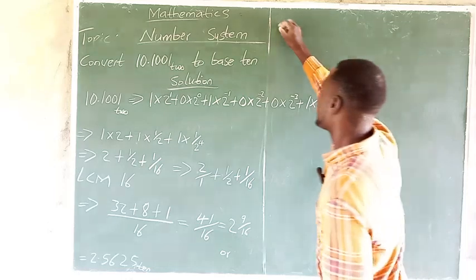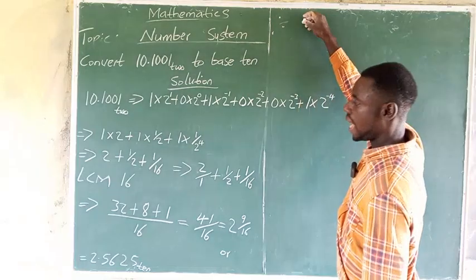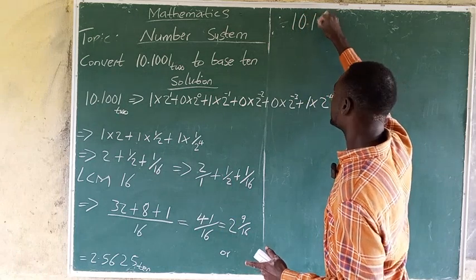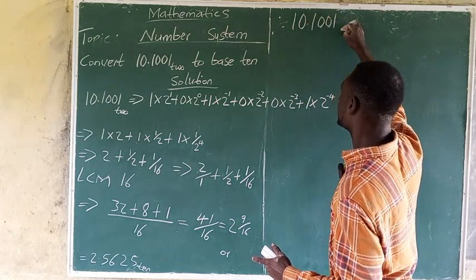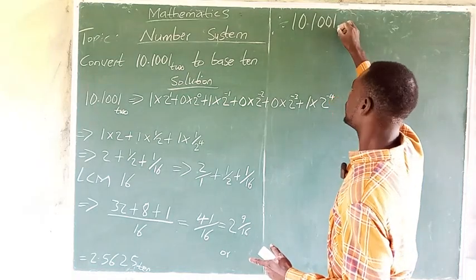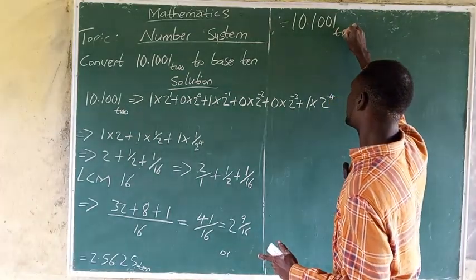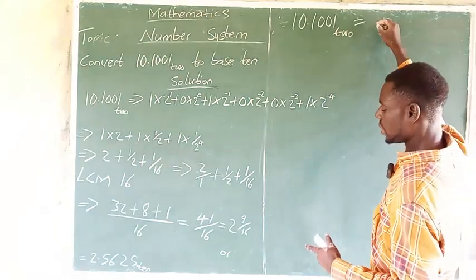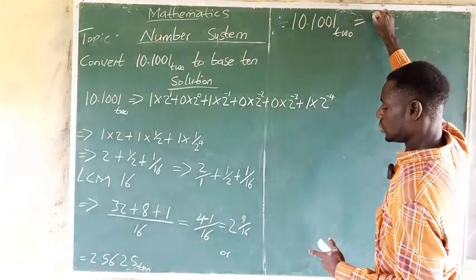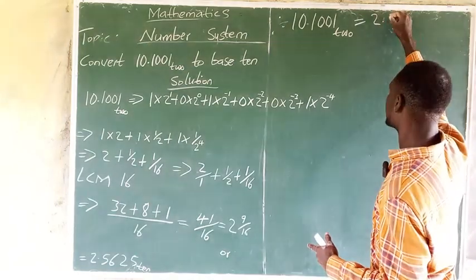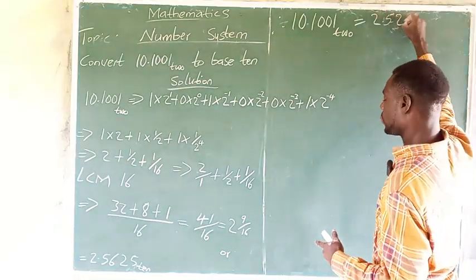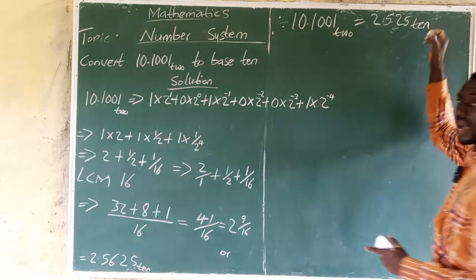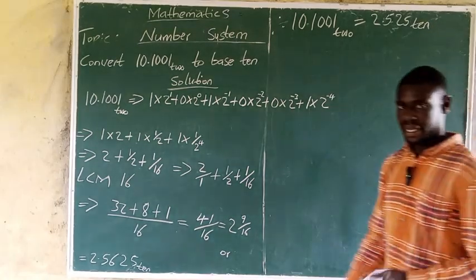Finally, therefore, I have 10.1001 base 2 is now equal to 2.5625 base 10. It's my final answer.